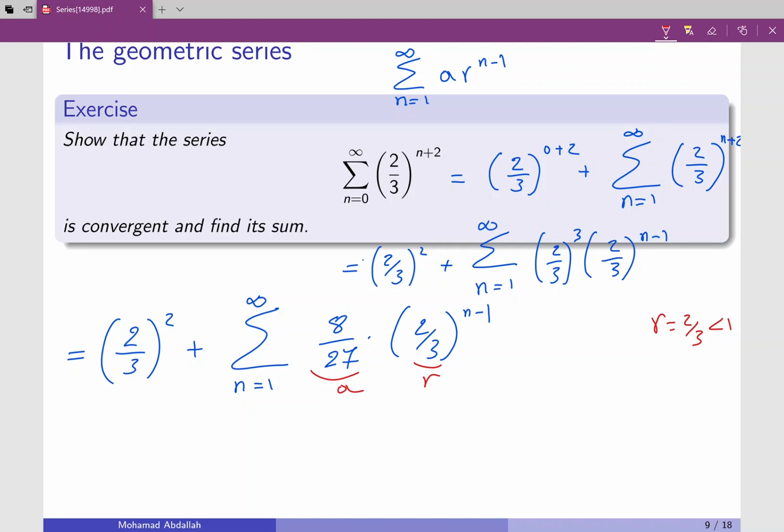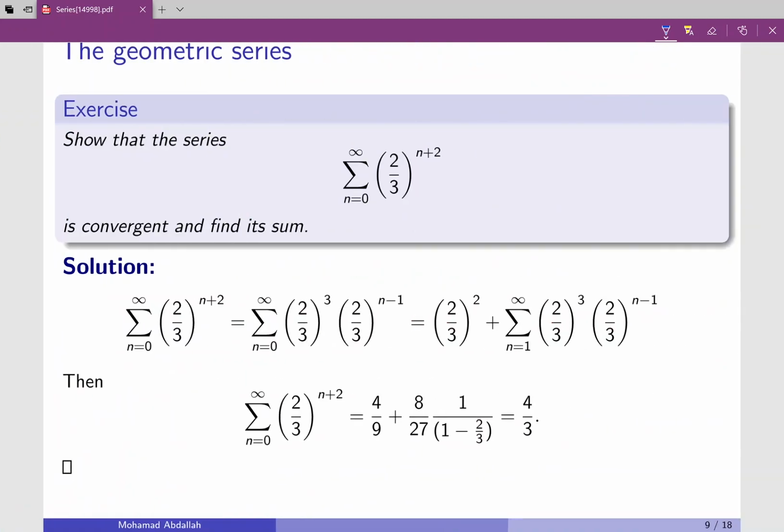Moreover, we know the value of the sum. So I can move this outside if I want. So this is equal to 4 over 9 plus 8 over 27 multiplied by the sum from n equal 1 to infinity of r to the power n minus 1, which is 1 over 1 minus r. And this is going to give me 4 over 3. You can check the calculation and see it done right here.